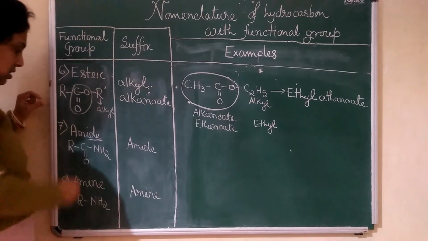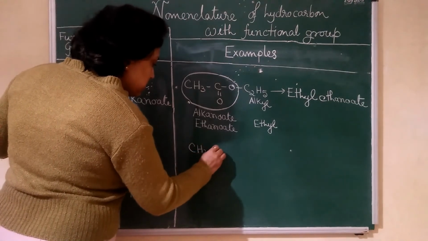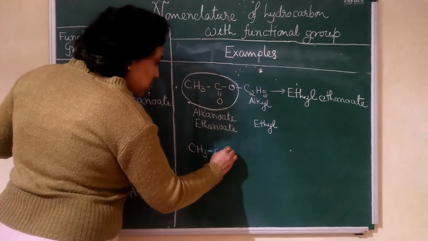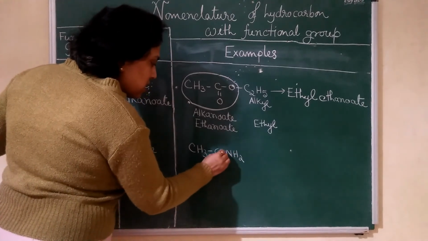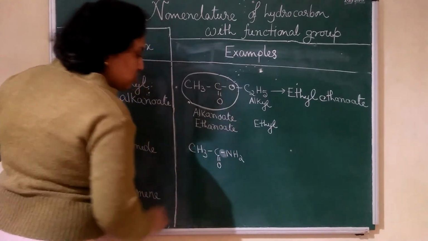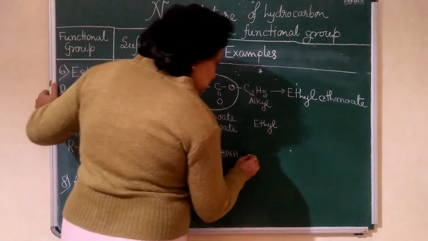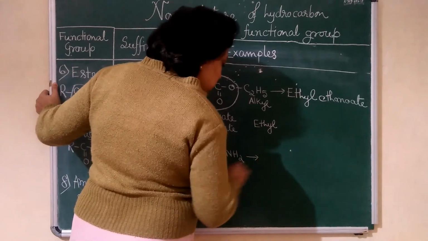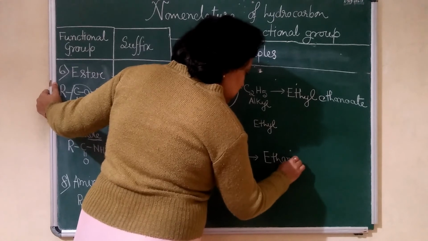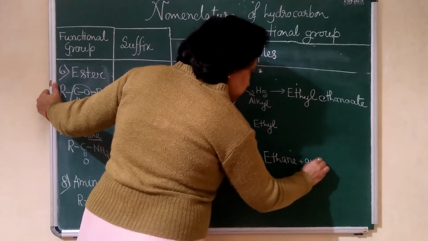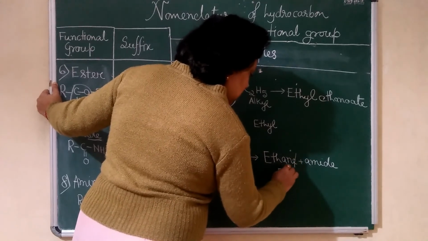If you are taking R group CH3, CONH2, I am writing the condensed form, or you can write C double bond O NH2. How many carbon? 2 carbon. So it is eth. Ethane plus amide, so the e will be omitted. So it is ethanamide.